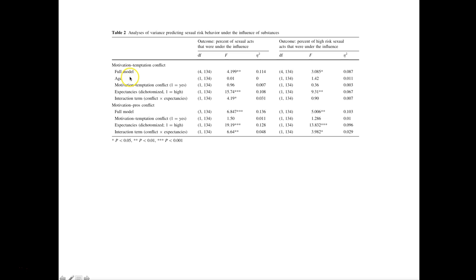And so we're presenting here the results that we got using SPSS. And so we looked at a couple of different kinds of conflict. So this conflict is your motivation to engage in safer sex and your temptation to have sex without a condom. And so this model is theoretically informed.